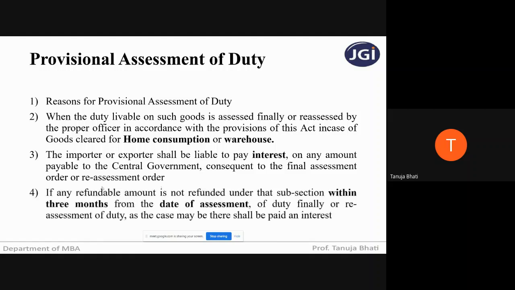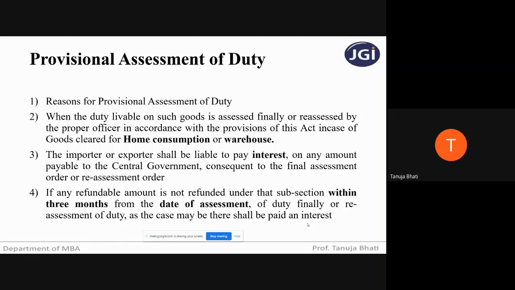The fourth thing is, if any refundable amount is not refunded under the sub-section within 3 months from the date of assessment of duty, finally assessed or reassessed, as the case may be, there shall be paid an interest. So see, students, if the importer is paying a lesser amount, he has to pay interest along with that amount.